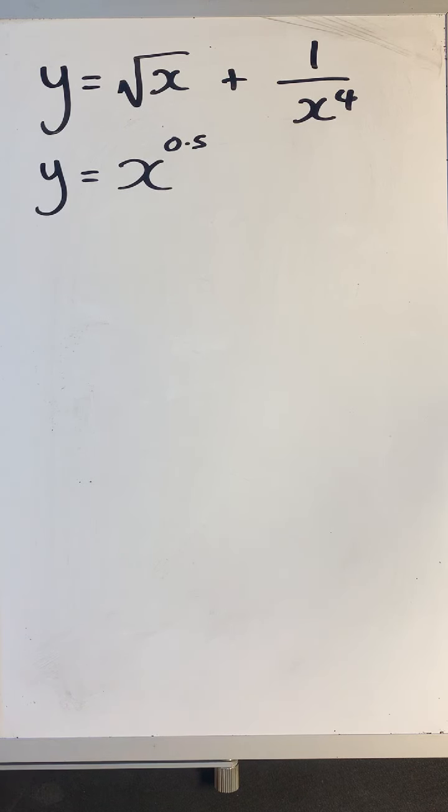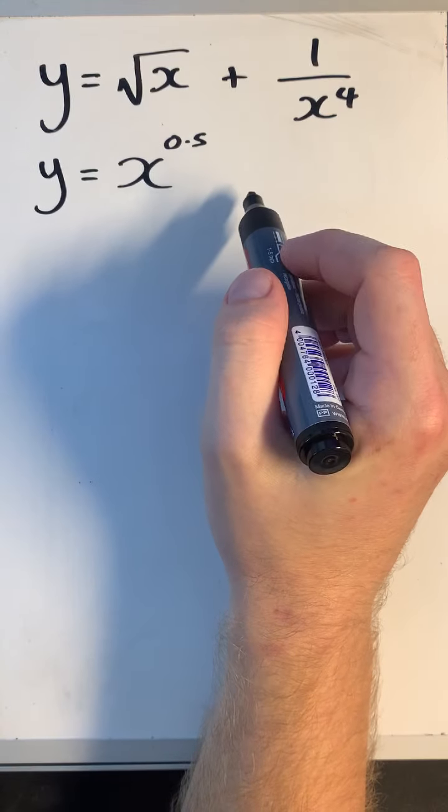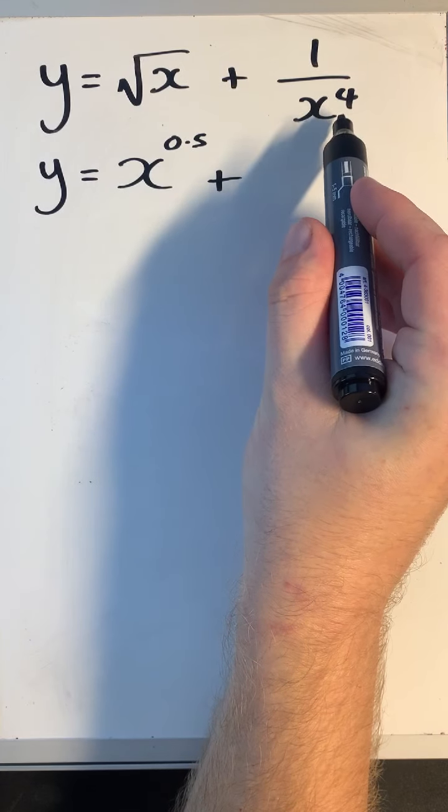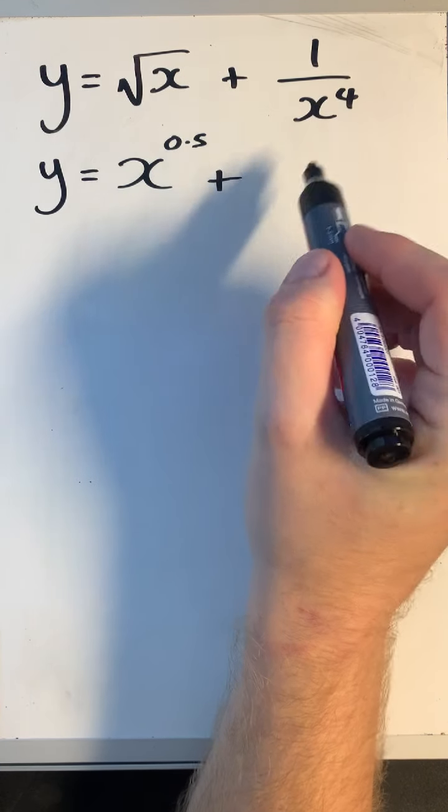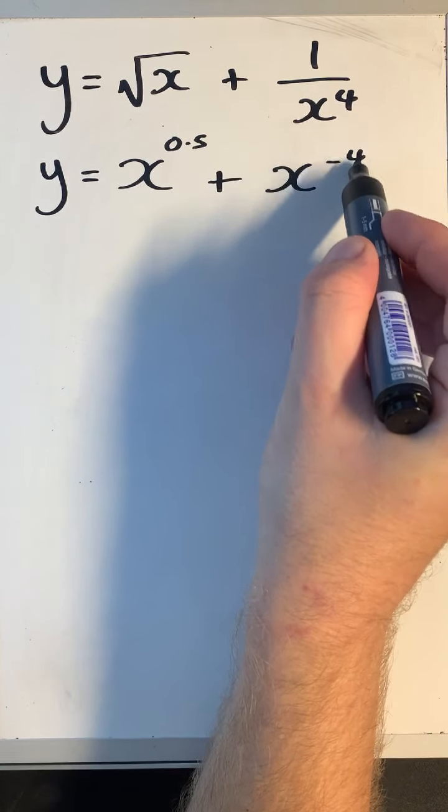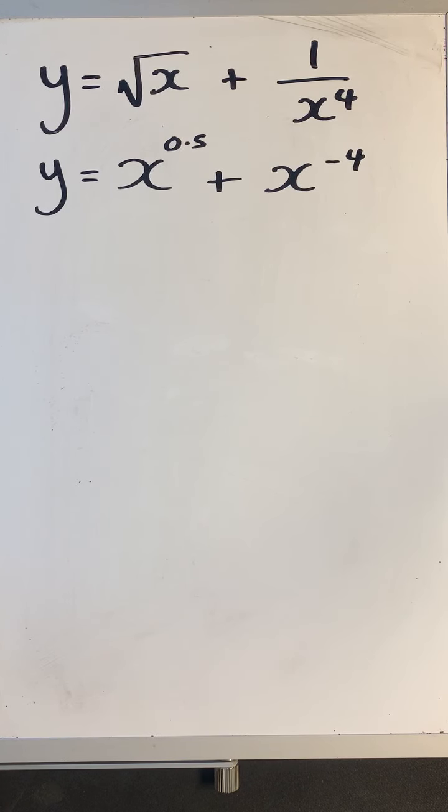But in terms of what we are doing here, finding first and second derivatives, it's easier if you just put them as decimals, I find. Okay, so we've got x to the 0.5. Now here, remember, we can bring this x to the 4 up to the top, and it becomes x to the minus 4.